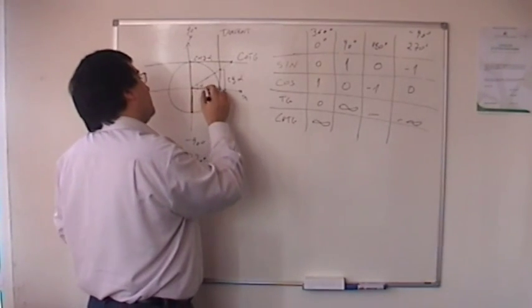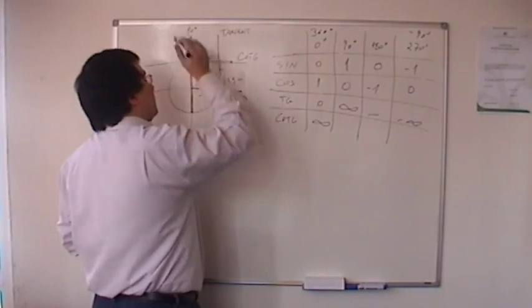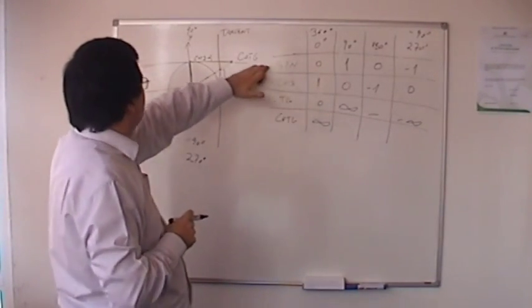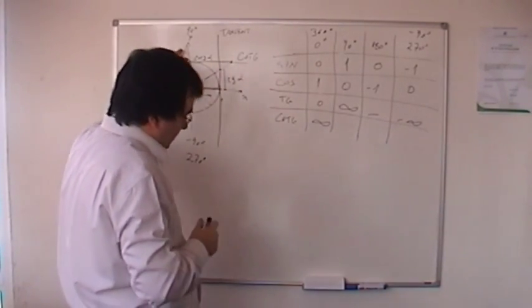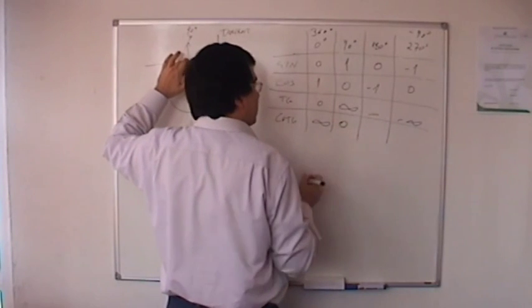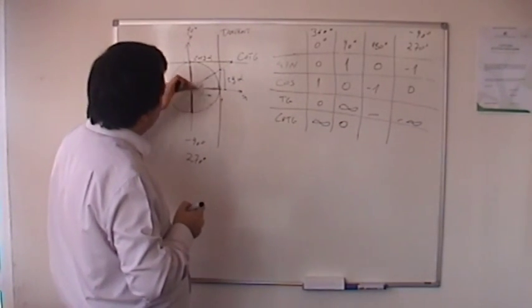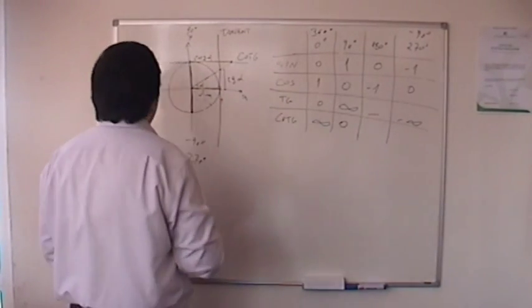Now, as you move our angle towards 90 degrees, the value of cotangent will decrease until you reach 0. So cotangent of 90 will be similar to the tangent of 0, which will be 0.